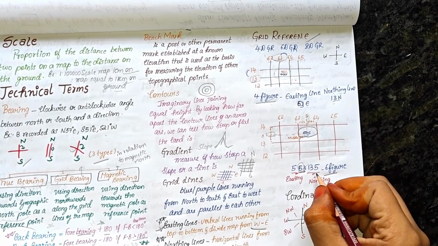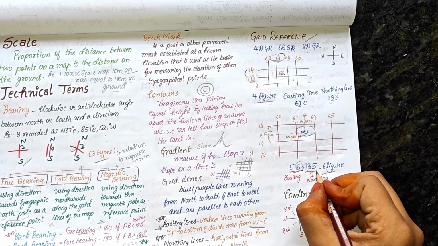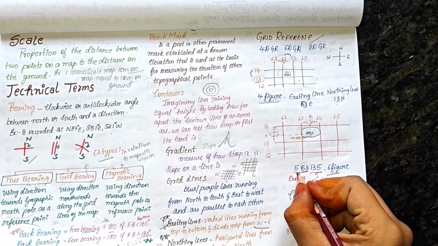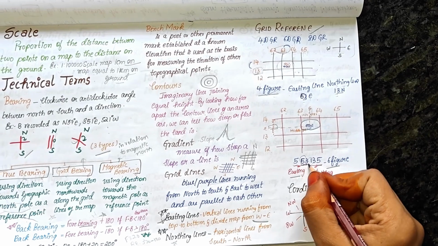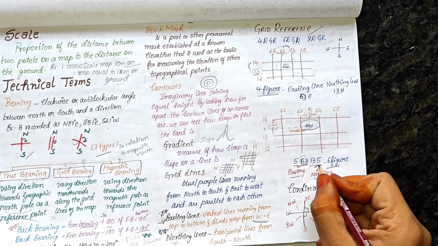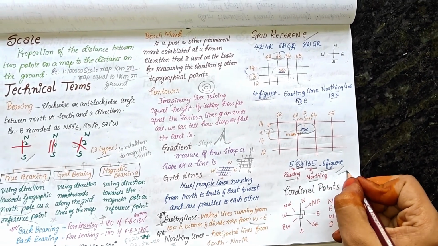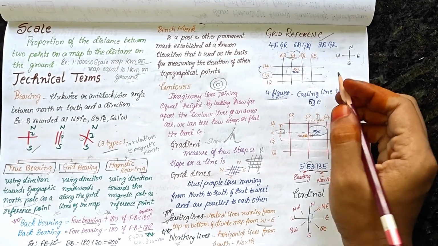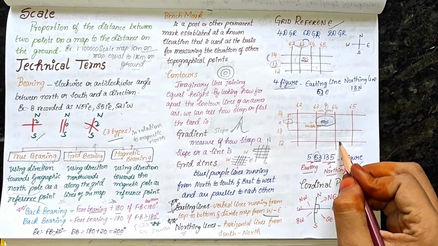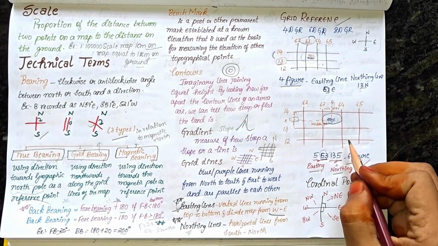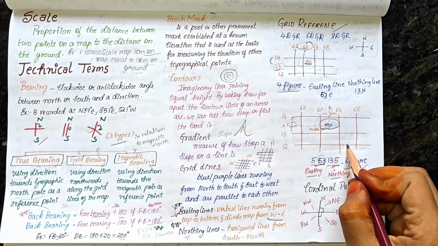Here the value is 5, so 5 will be written beside 13 and 5 beside 63. The easting will be 635 and the northing will be 135. Here comes a six figure. Be very clear about calculating the four figure and six figure. It's very easy. If you understand, you can solve two to three questions in the examination.